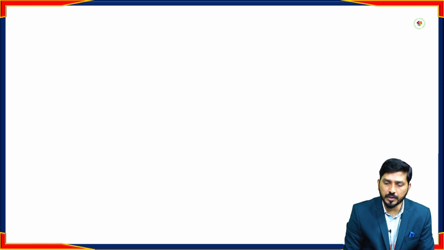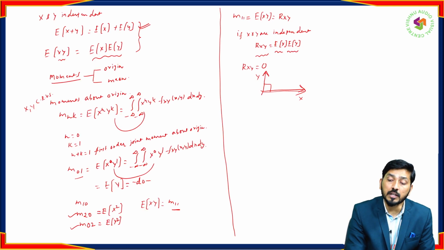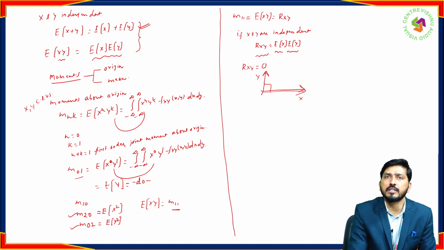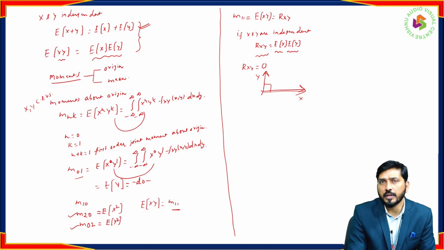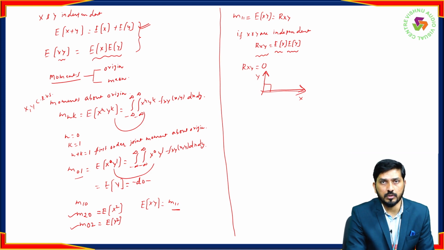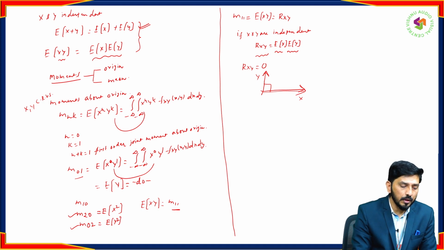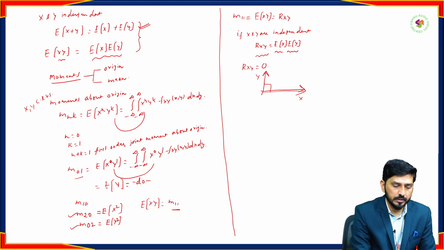That is what we call orthogonality. So if x and y are orthogonal, then the second order joint moment about origin is equal to 0. This is another special case.